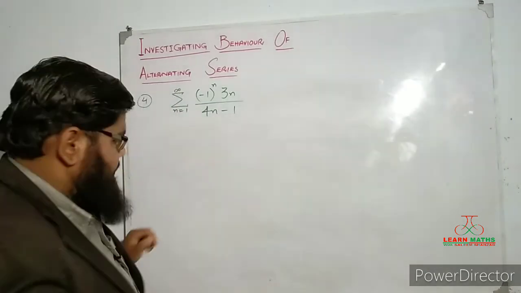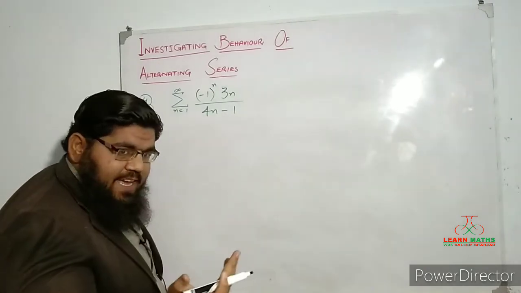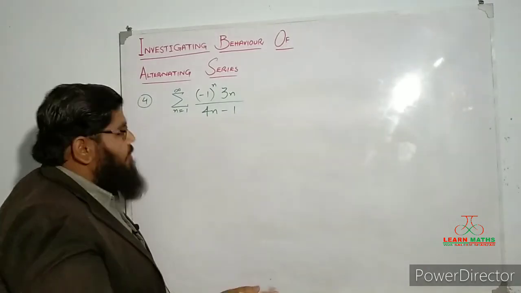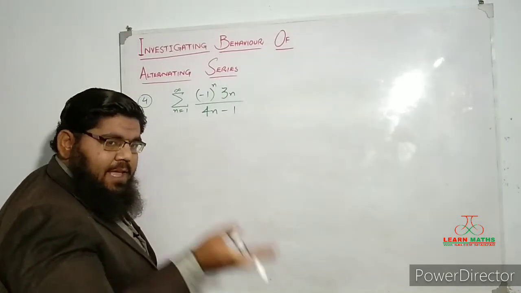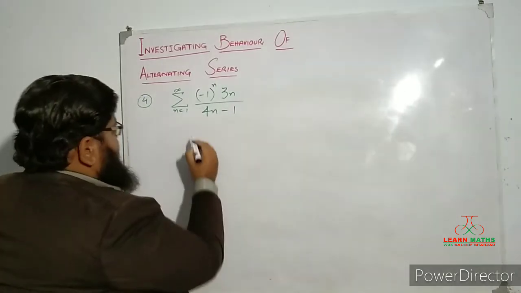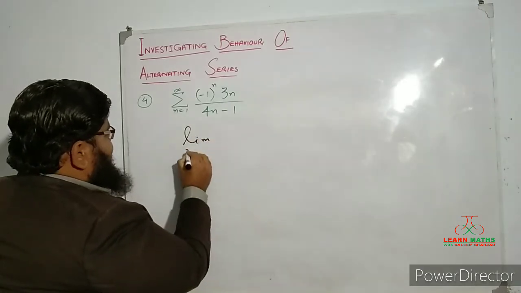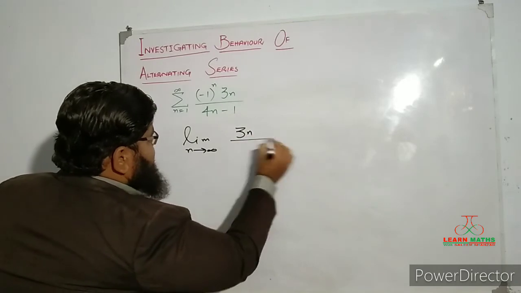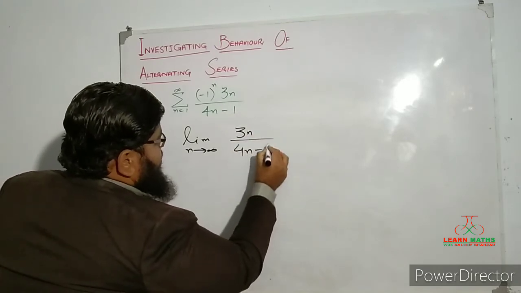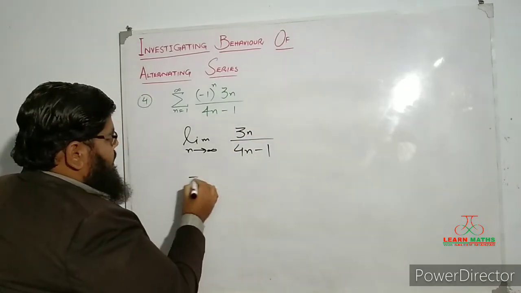Okay, so let's see. The second condition is to check the limiting value of the general term of this series to see its behavior, whether it will approach 0 or not. Let's take the limiting value as n approaches infinity of the general term, which in this case is 3n over 4n minus 1.